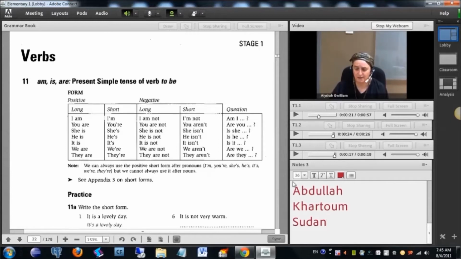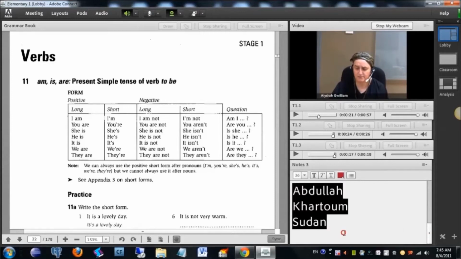Sudan is the name of a country. So as you can see, we can have many different kinds of nouns. The most common noun is these kinds of nouns. And then of course we have these ones which are called proper nouns.